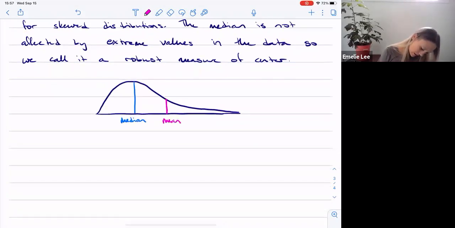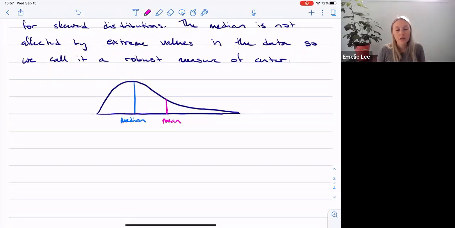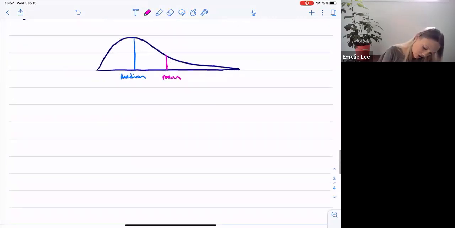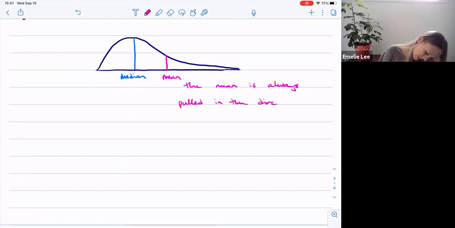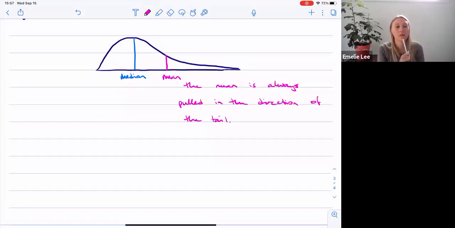Then the mean might be pulled that far off of the center. So now it's not really a good descriptor of the location of most of the data anymore, right? It's not really a measure of center anymore, right? Because we have a skewed distribution, right? And so the mean is always pulled in the direction of the tail.